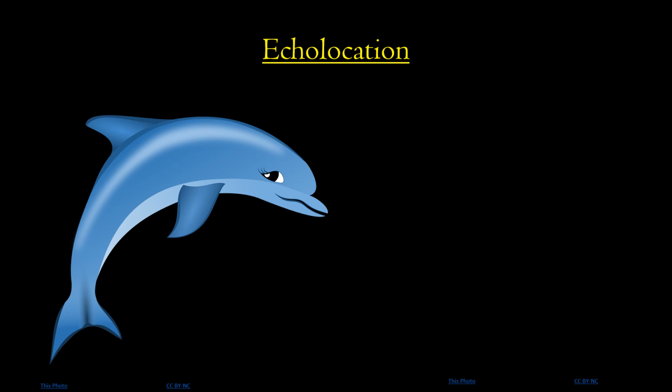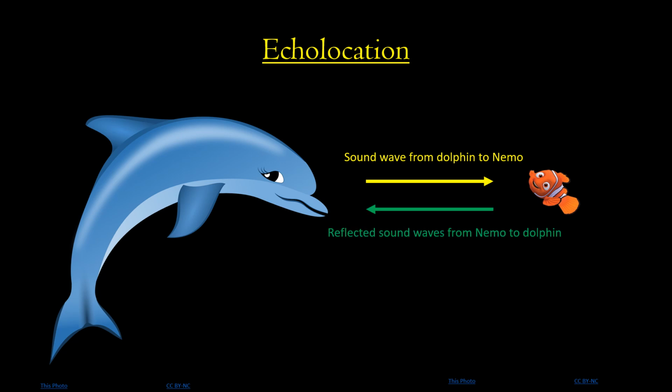Let's say we had a dolphin and Nemo. The dolphin sends sound waves to Nemo, and these sound waves are reflected off Nemo. Then the dolphin uses the reflected sound waves to form a picture of Nemo, like Finding Nemo.